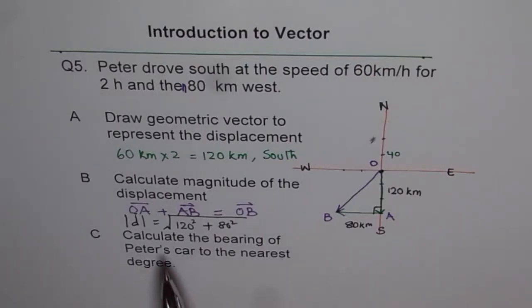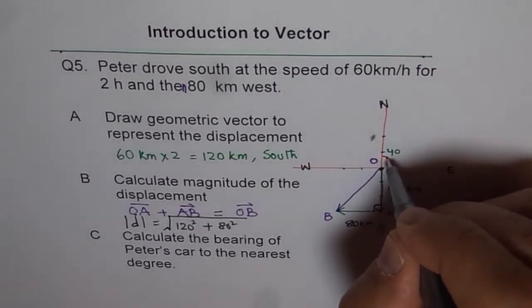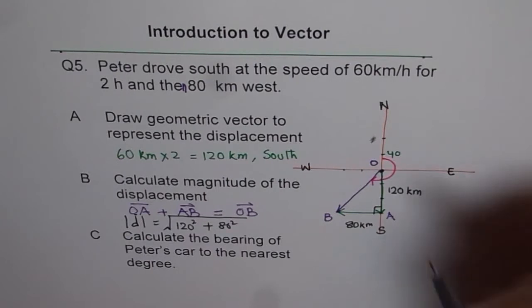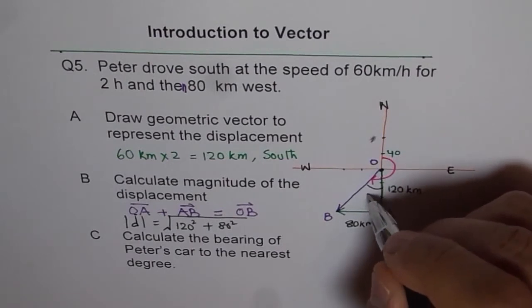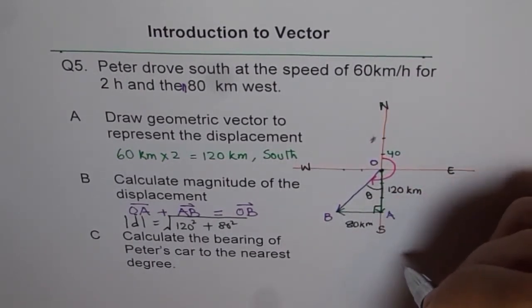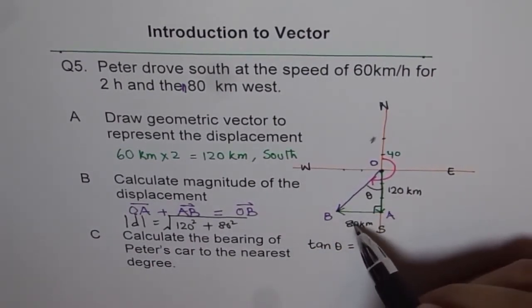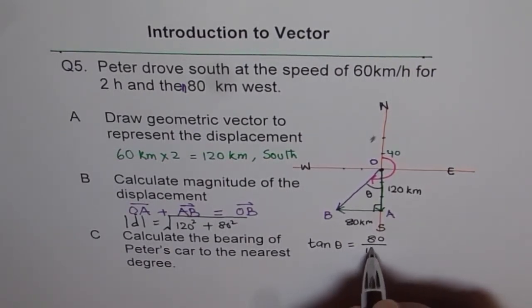Now the next part is calculate the bearing of Peter's car to the nearest degree, right? Now what is bearing? Bearing is the angle from north, right? Angle from north. So you need to find this angle. So one way to find this angle is, you can calculate this angle. Let's call this angle theta. So what will theta be? So we say tan theta is equal to opposite over adjacent side. So that means 80 over 120, right?